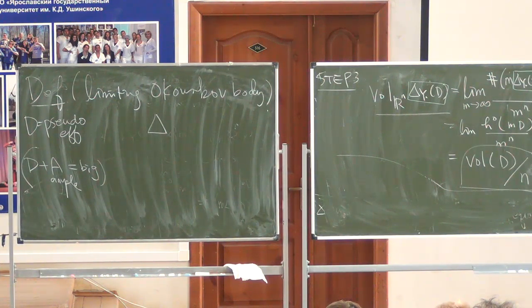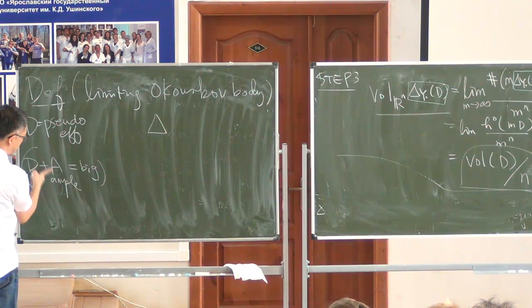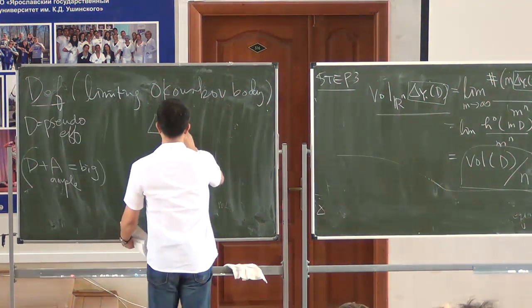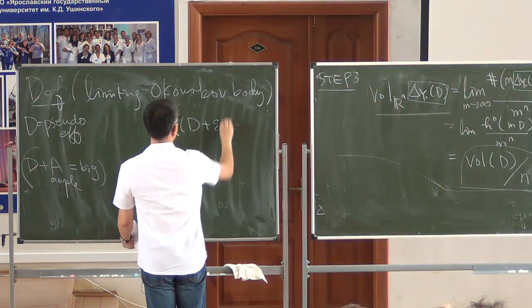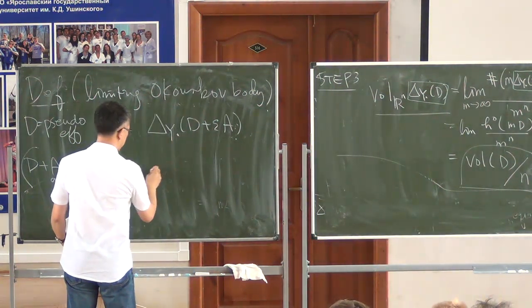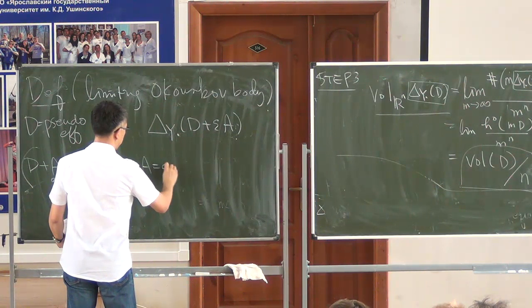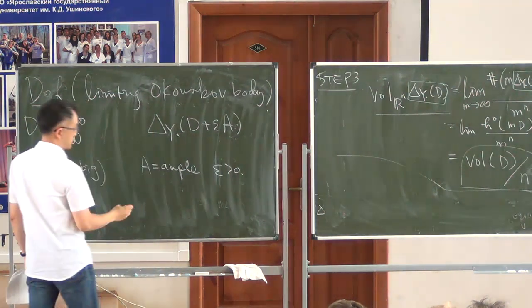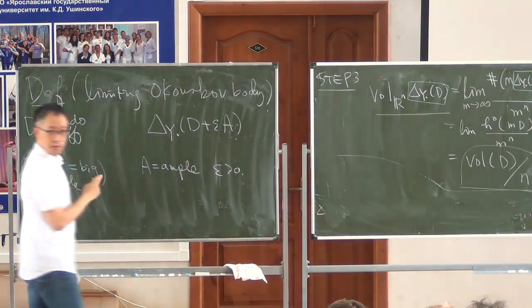The sum of a pseudo-effective divisor and an ample divisor is always big. So we can construct this Okounkov body using the original construction. A is ample and epsilon is positive, so this is a big divisor.